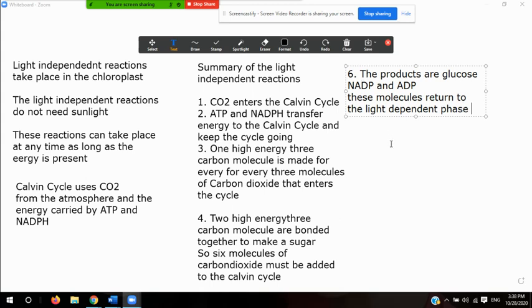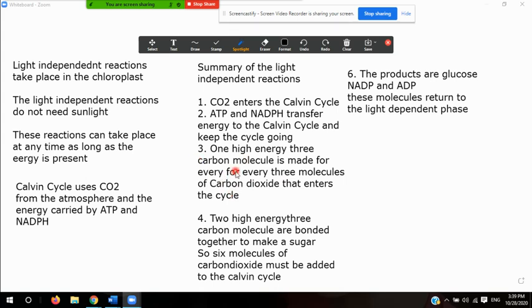Great. So real quick, summarizing once again, and then we're going to talk a little bit about the importance of photosynthesis. But basically, carbon dioxide enters the Calvin cycle. ATP and NADPH, excuse me, transfer energy to the Calvin cycle so that the cycle can keep on going. Once these molecules transfer energy, one high energy carbon molecule is made.